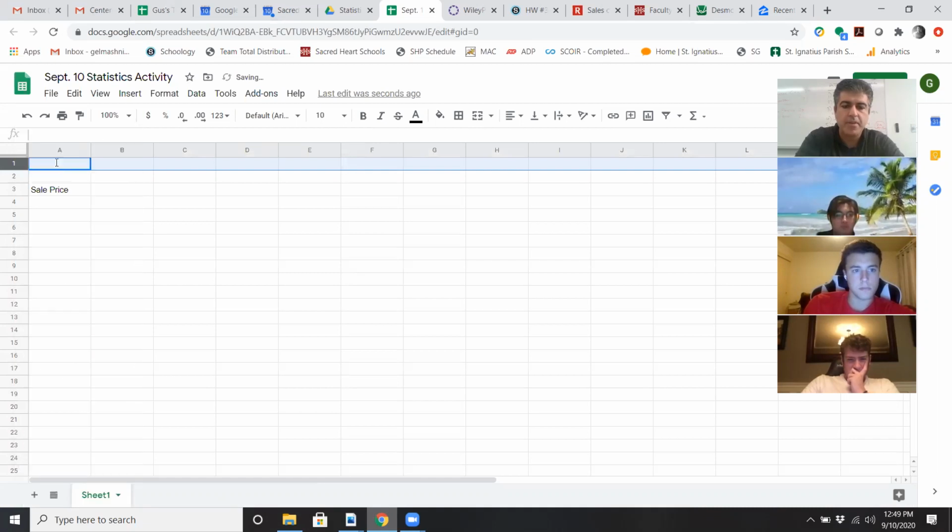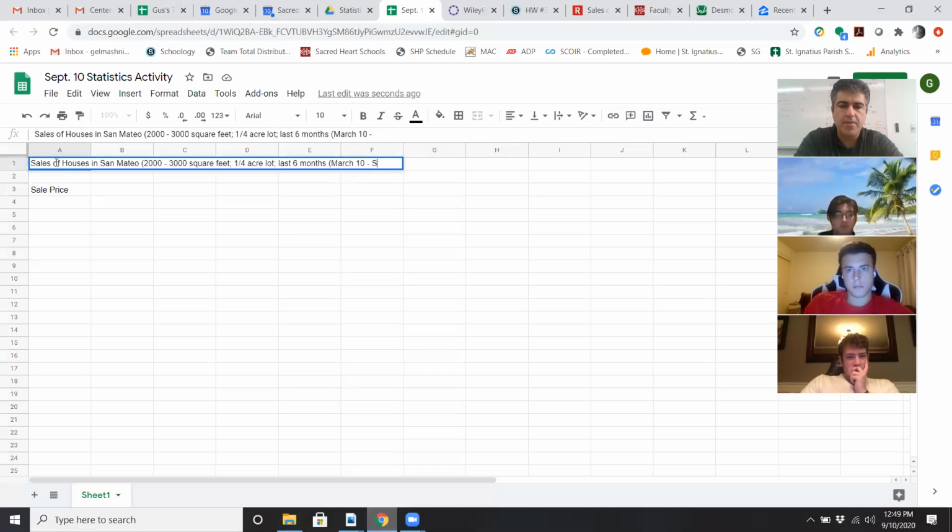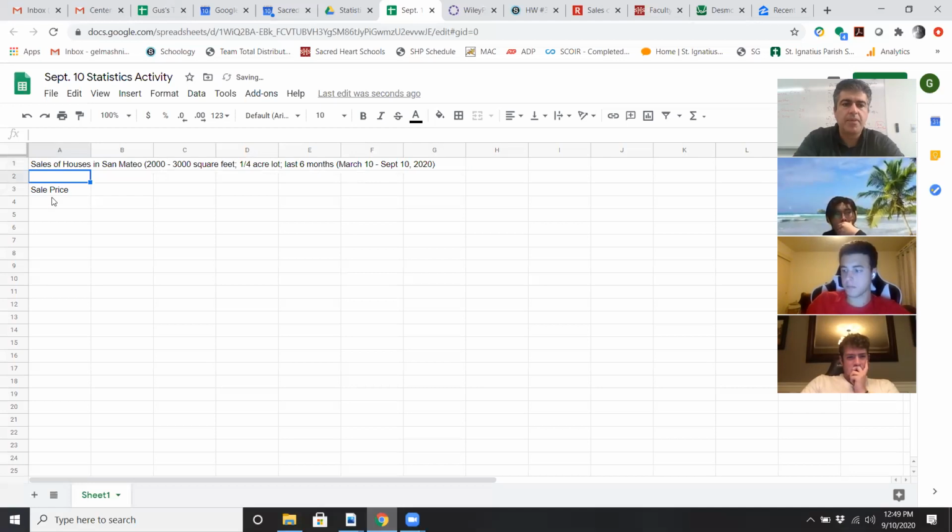So this will be sales of houses in San Mateo, 2,000 to 3,000 square feet, quarter acre lot, last 6 months. So basically March 10th to September 10th, 2020. Okay, this way we kind of know what we're working with. It's always good practice to do some sort of labels like that.